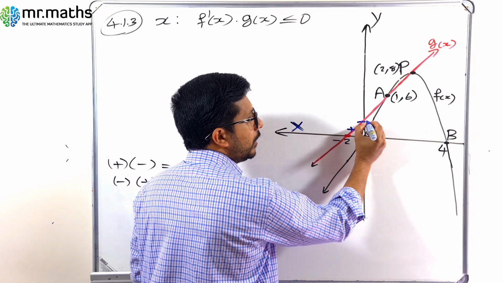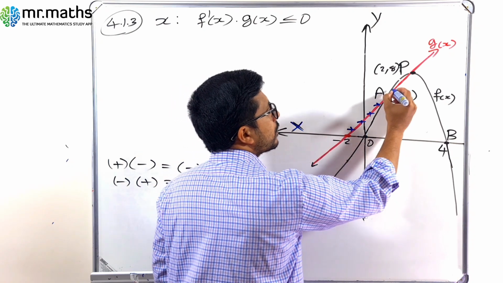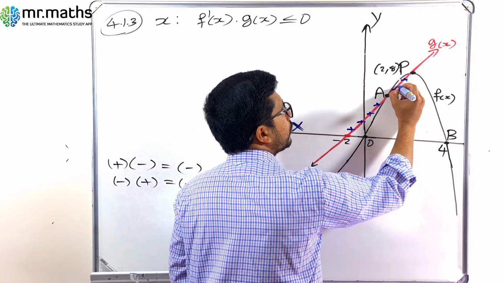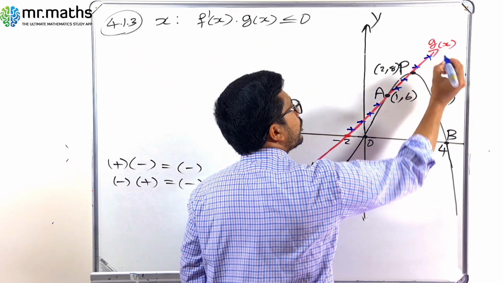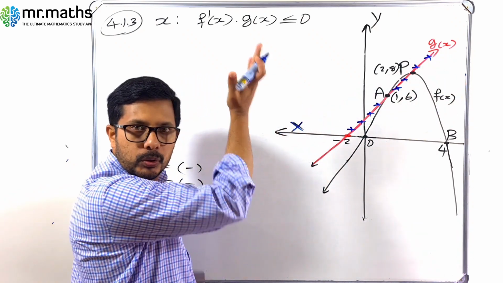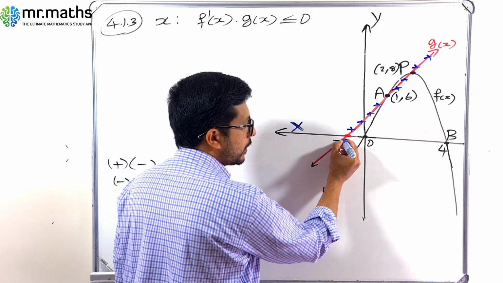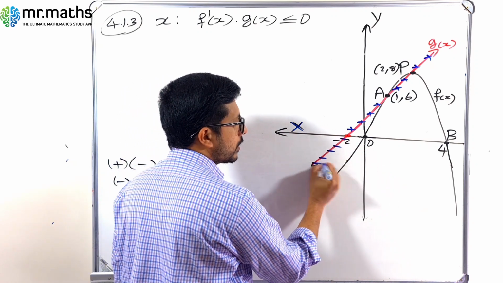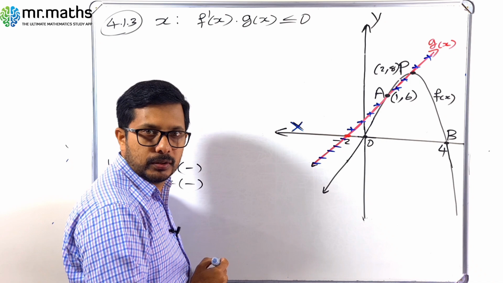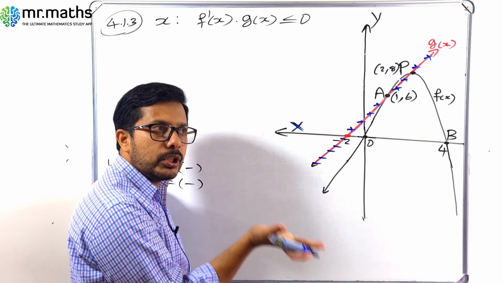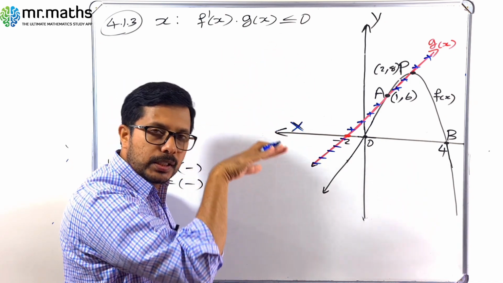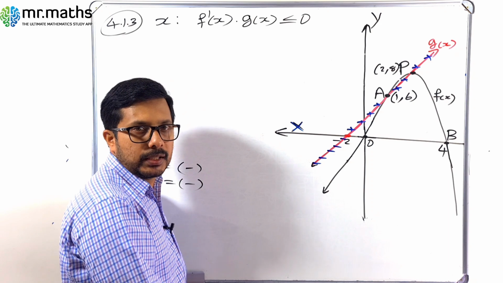That means here g of x is positive, because there it is above the x-axis. Then g of x is negative below the x-axis, that means here g of x is negative. You understand? g of x is positive above the x-axis, g of x is negative below the x-axis.